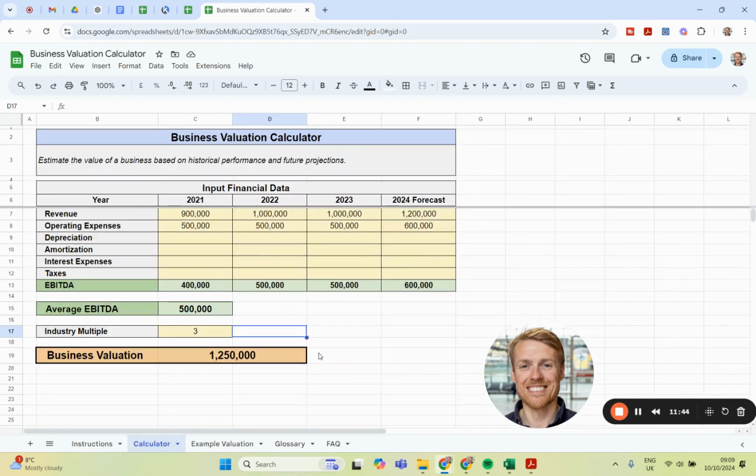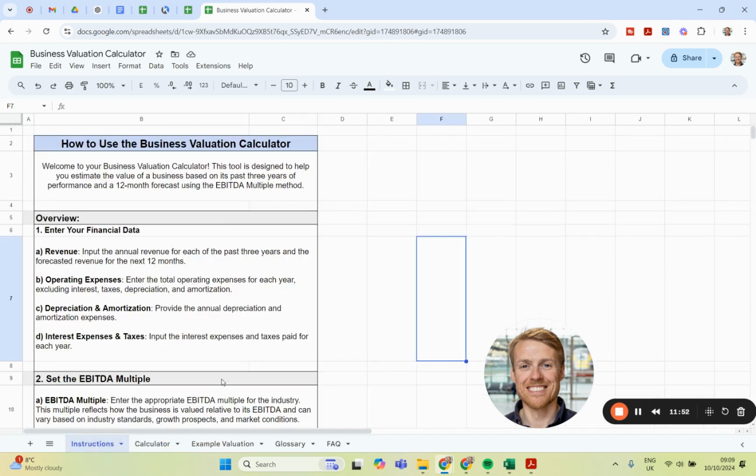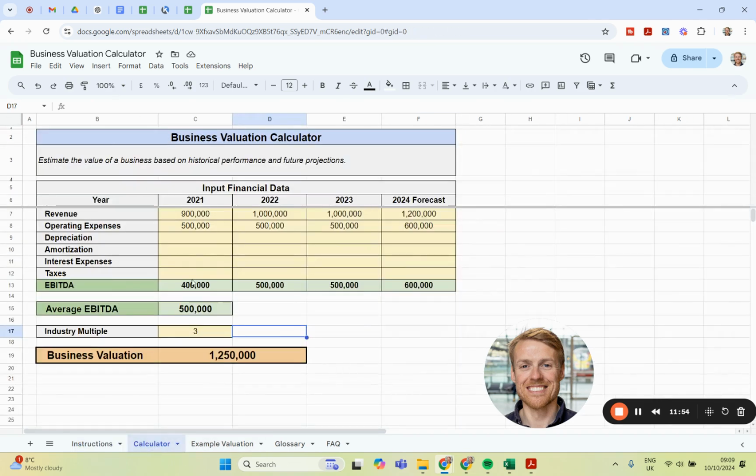But the large majority of small businesses that we will certainly be looking at will be using this calculation, a multiple of EBITDA. So don't get worried if you see things like discounted cash flow and other forms of valuation. They're slightly different. This is the one that you're almost certainly going to be using, and I would say in like 95% of cases, this is the calculation.